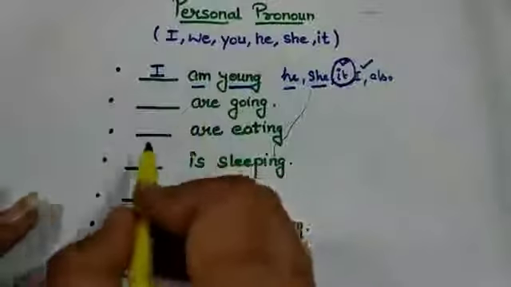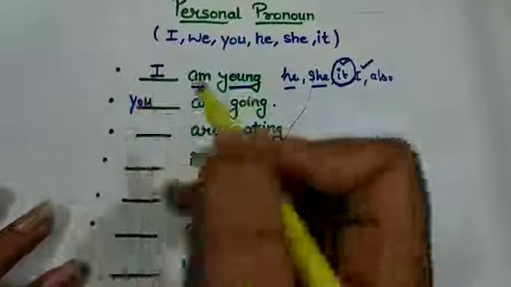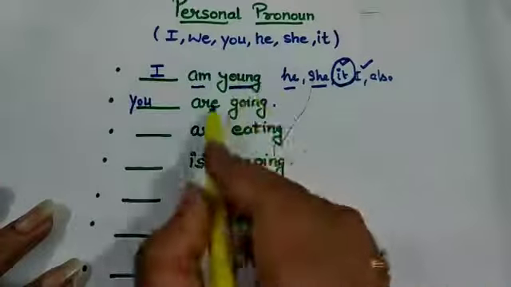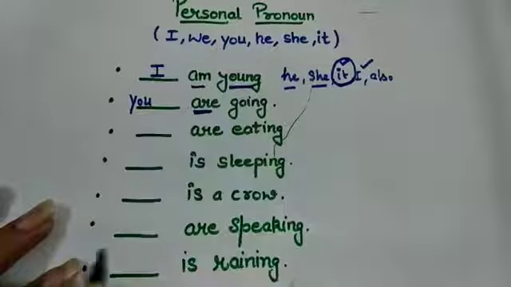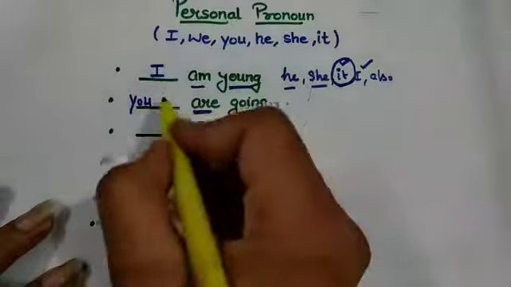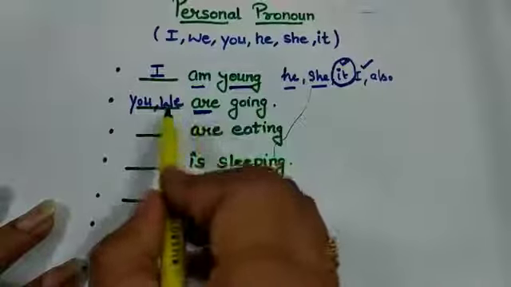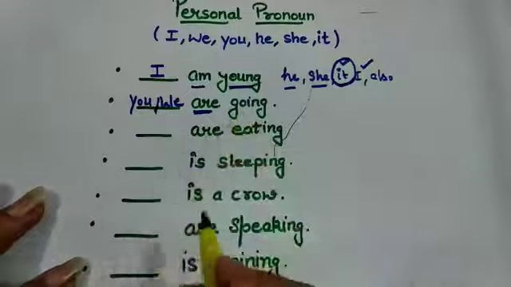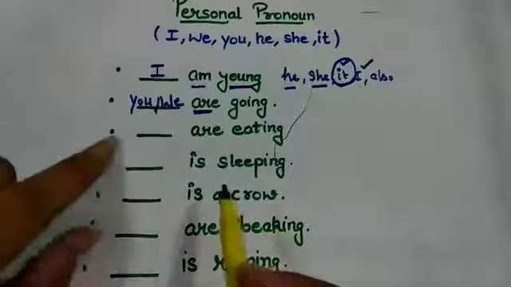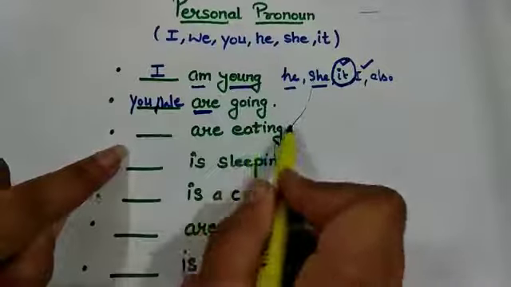In the second example I can write you are going. Why? Because are is always used with the second person. Also we can say we are going. Both words satisfy our example. Let us go to the third example: dash are eating.